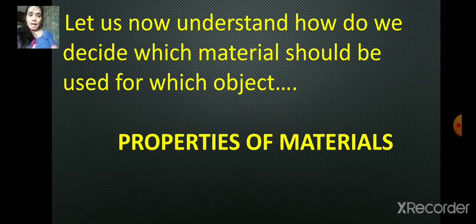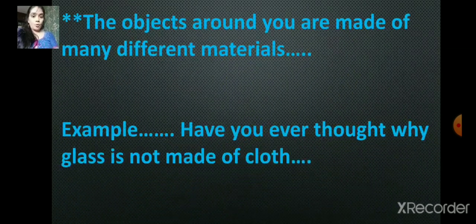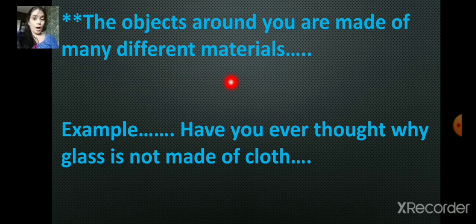Now let us understand with some more examples. The objects around you are made of many different materials. At home also you can see materials made of steel, wood, glass, fabric, and plastic.